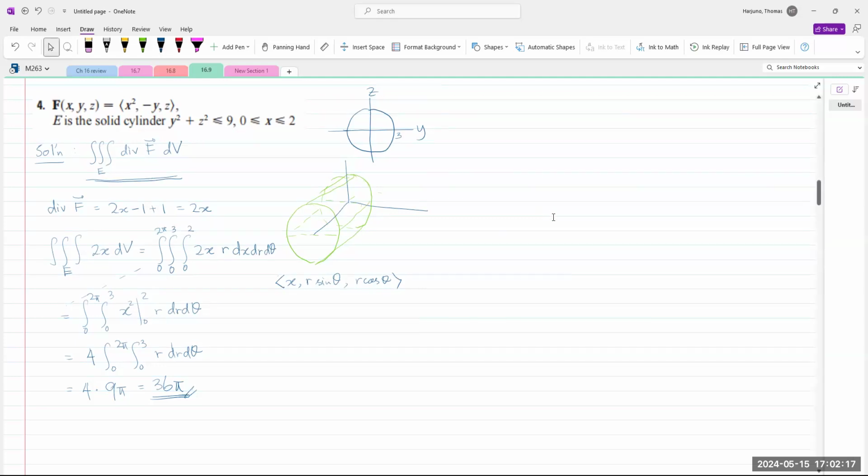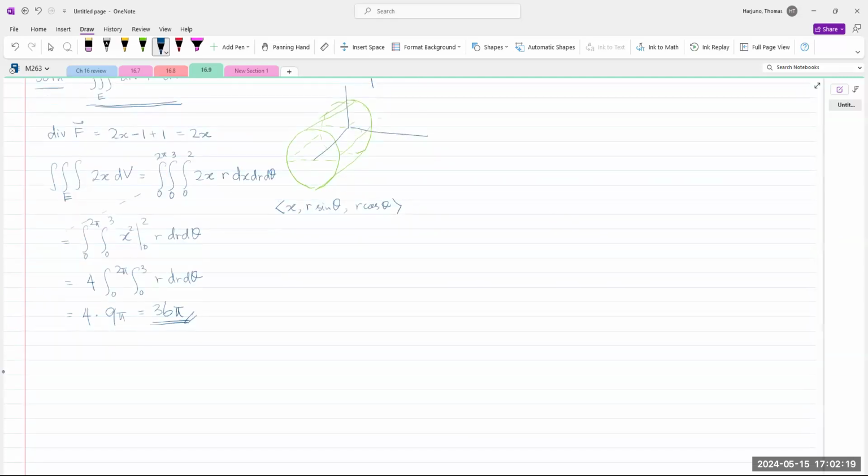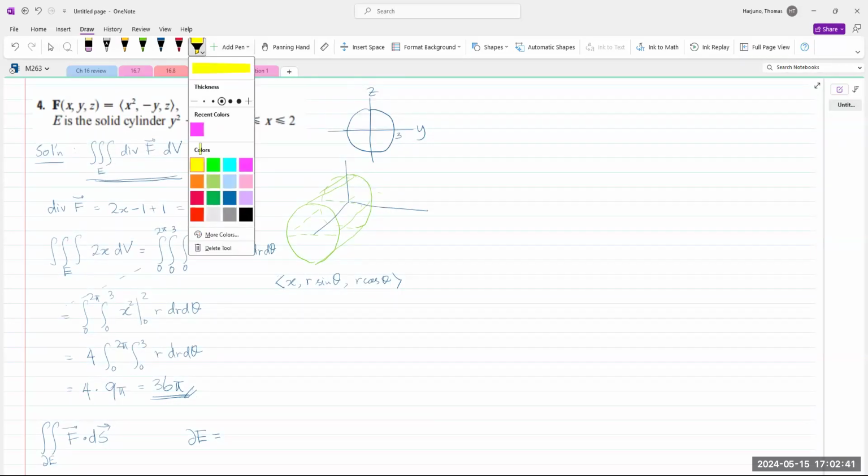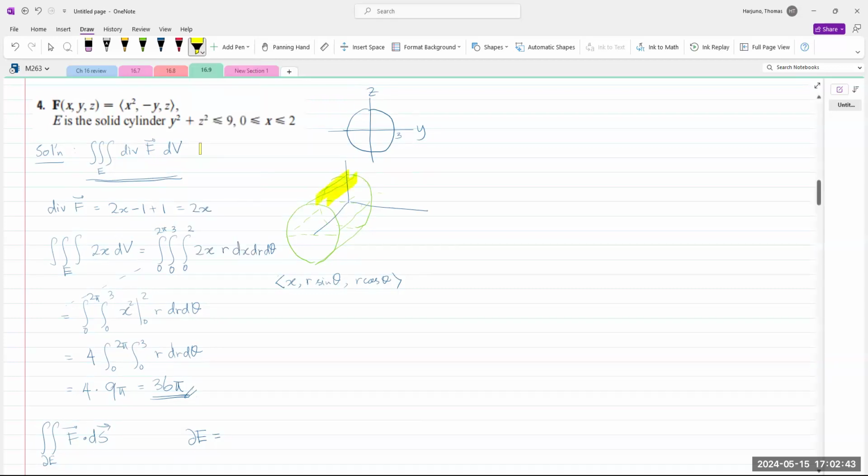Now the double integral part, I think, is painful. We do the double integral over the boundary of E of F dot dS. Notice that the boundary of E consists of this part here. Let me draw it. The first part, which is in my opinion the difficult part to deal with, is the lateral area.